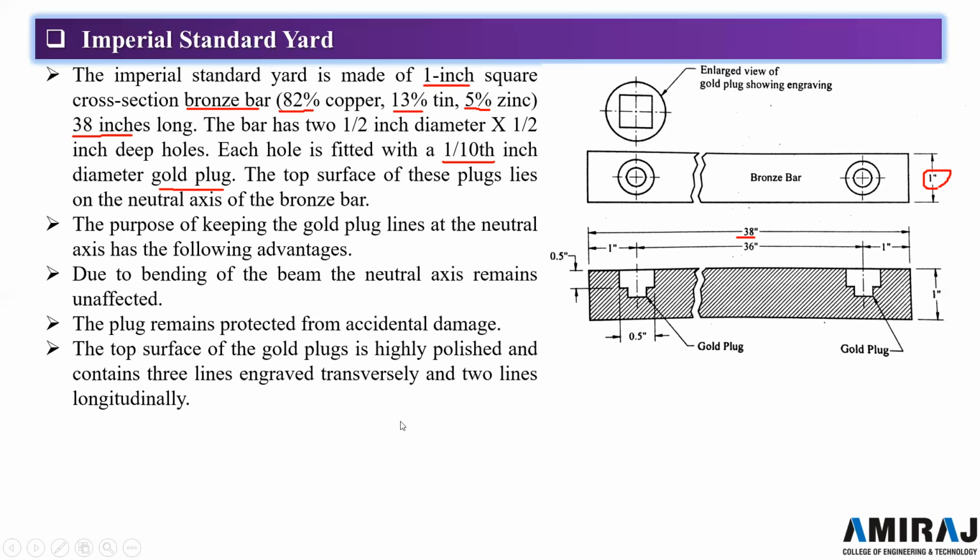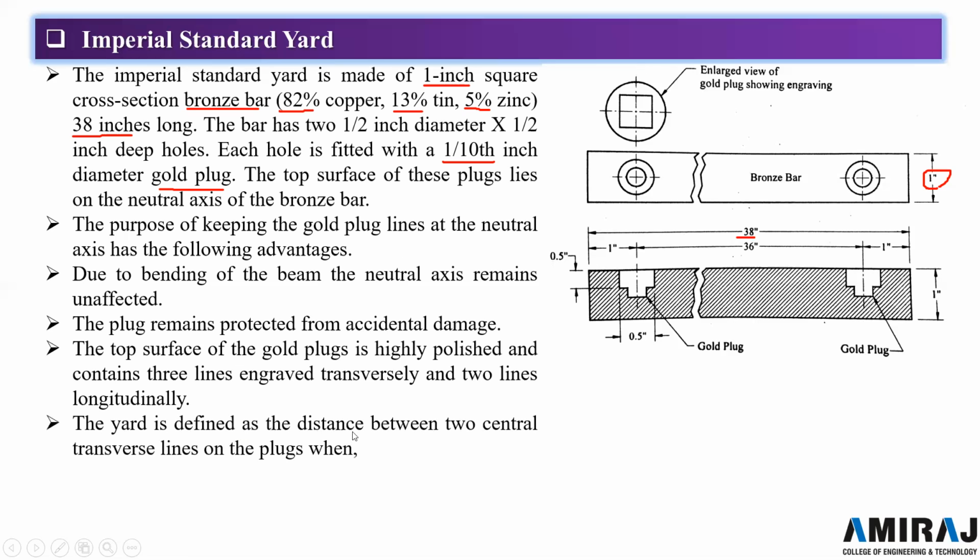There will be three lines in the transverse direction, while in the longitudinal direction it will have two lines.